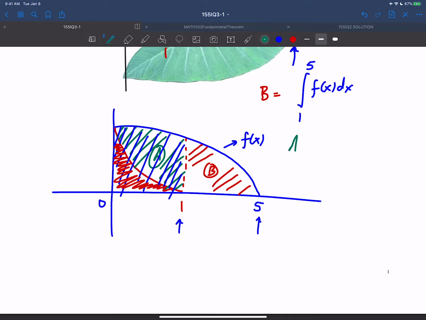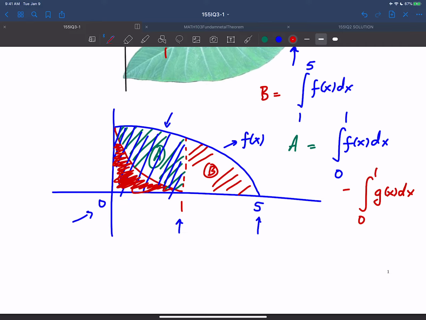So portion A is the integral from 0 to 1 of the top function, f of x, minus the portion in the red shaded area, which is the area under the curve g of x from 0 to 1. This is how I actually did it in my solution. So there are multiple ways.